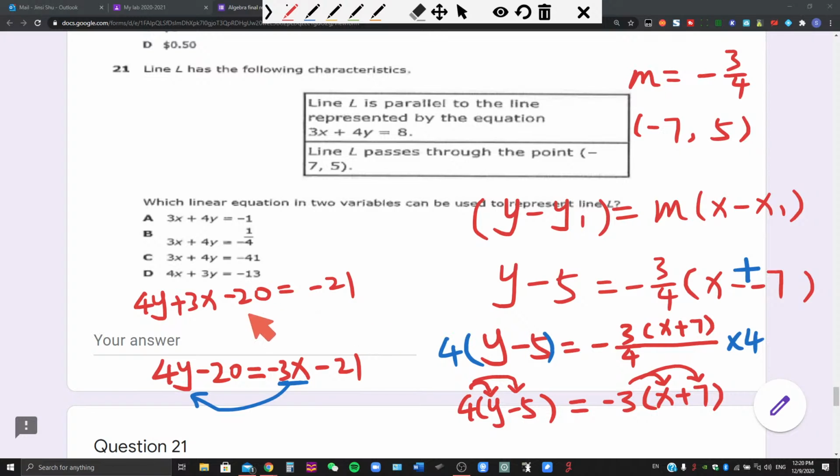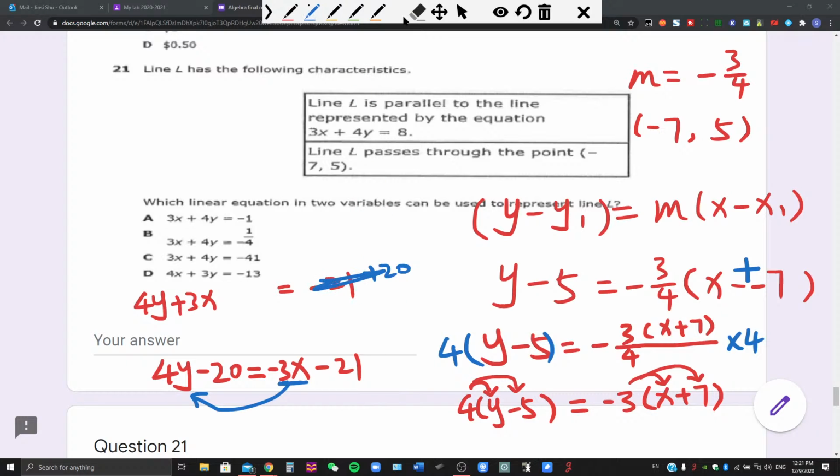And we only have one last step. We move this number to the other side, and it will become a positive 20. And the negative 21 plus 20 will be negative 1.